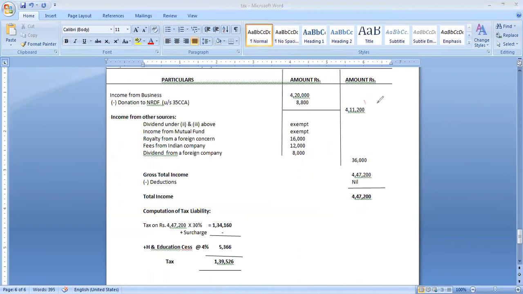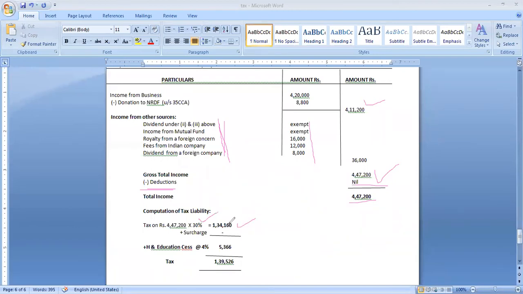You add other incomes, and you get total income. Deductions under section 80 are deducted, and your taxable income will come. On that, at a flat rate of 30%, you calculate the tax.